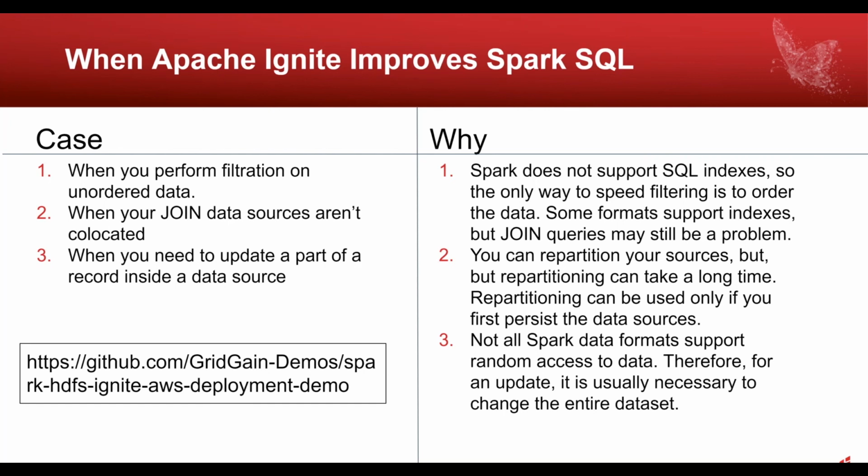And why should data be ordered? First of all, it's related to the fact that Spark doesn't support SQL indexes. And when you run some filtration, for example, when you set that some field should be greater than 10, it's very important to have the correct order for this field, because in this case, it's much easier to filter the values.